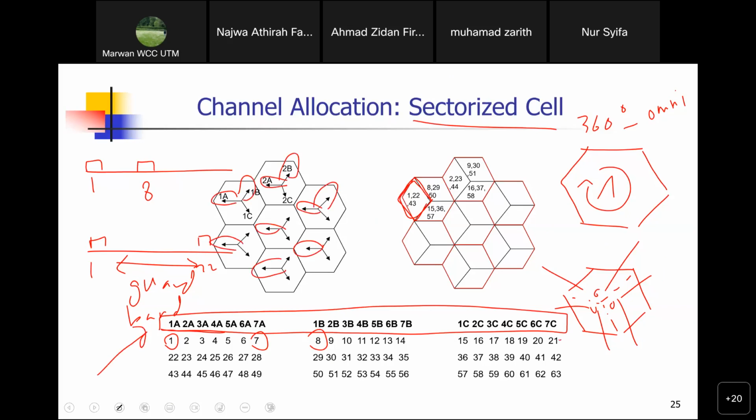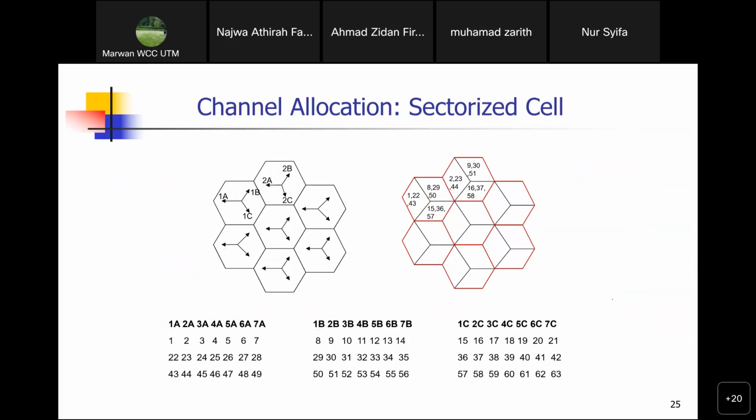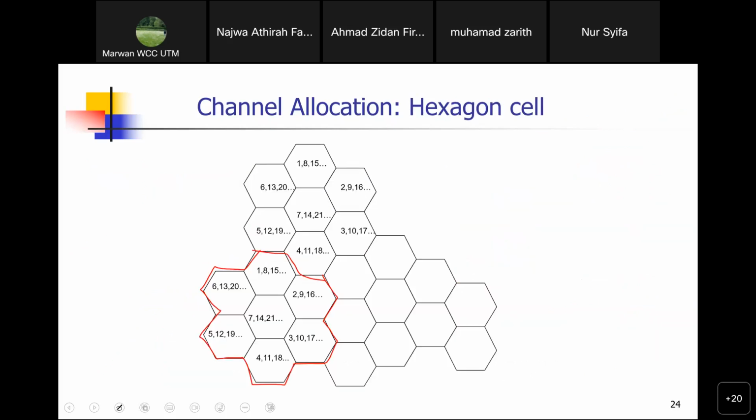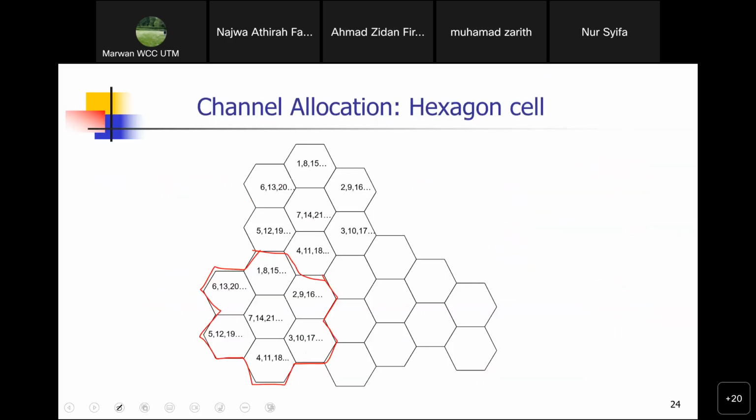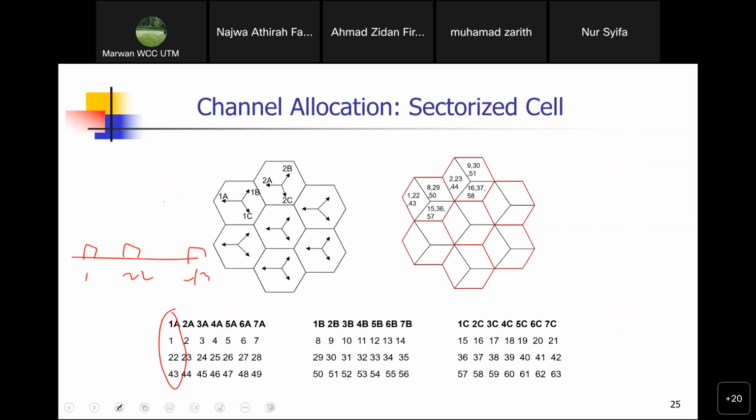At the end, it turns out that the gap within one sector is bigger: 1, 22, 43. If you don't use sectors, the gap is smaller: 1, 8, 2. So by using sectorization, you can push your adjacent channel away even further.